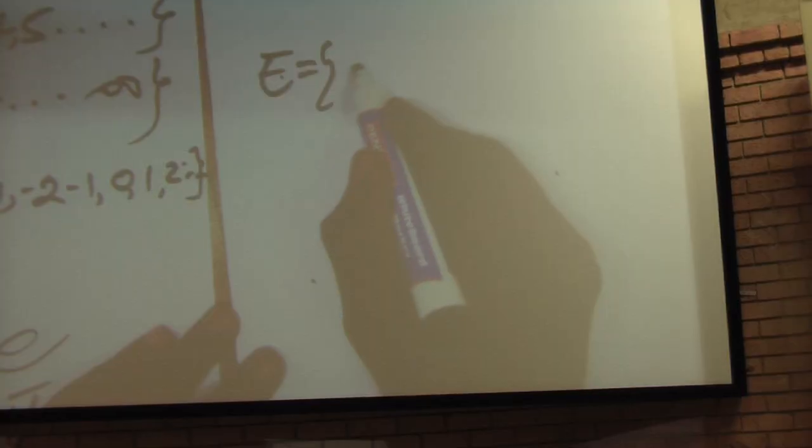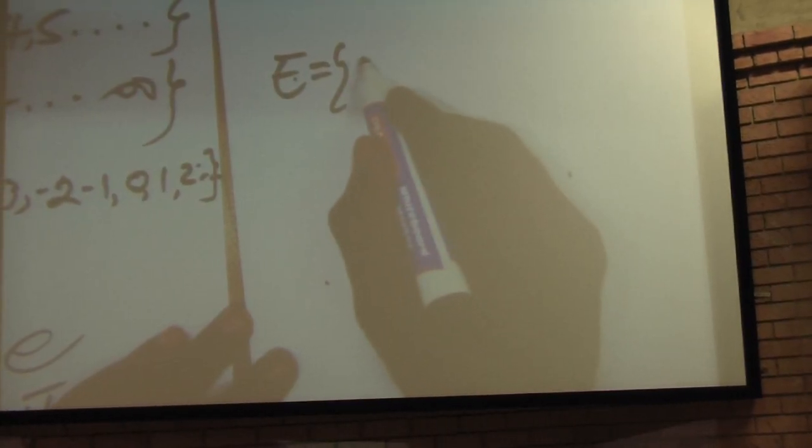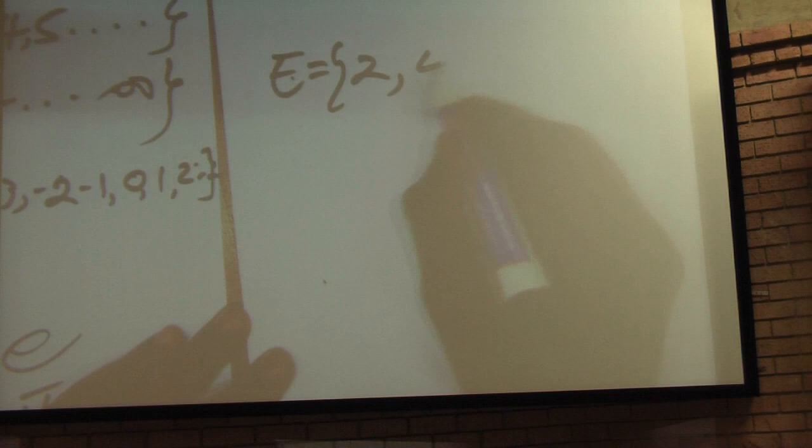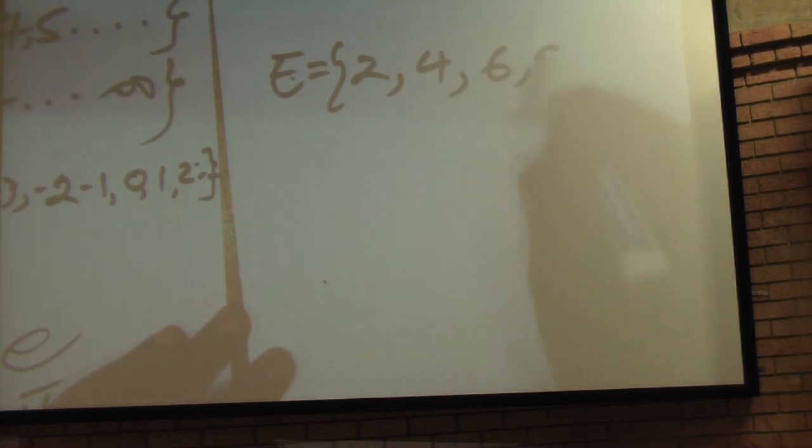For instance, when we're talking about even numbers, then we're talking about numbers that are divisible by 2. So even numbers would be, say, 2, 4, 6, 8, 10, and so on. These are even numbers.